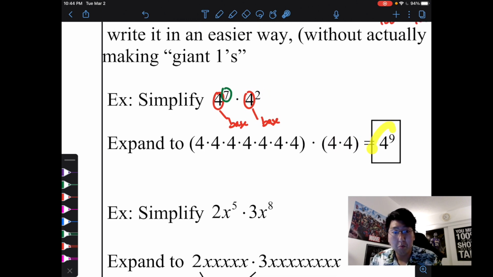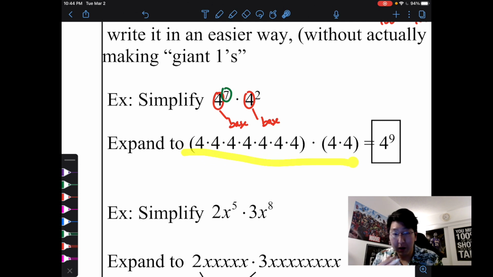And so, if you understand that right here you have 4 repeated a total of 9 times, there's 7 here and 2. It's still repeated multiplication. 4 times 4 times 4 times 4 times 4 times 4 times 4 times 4 times 4.